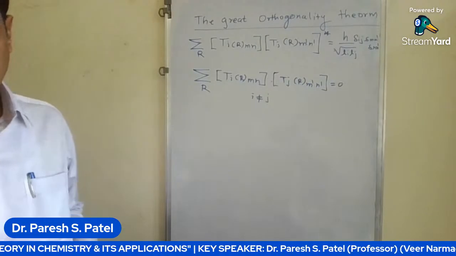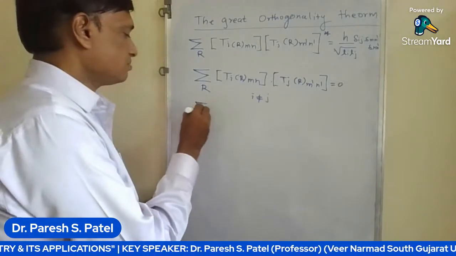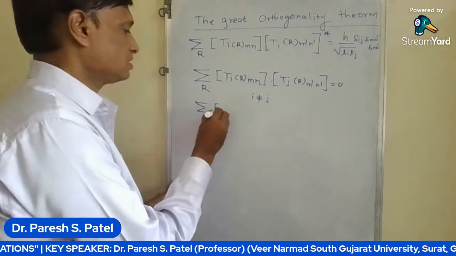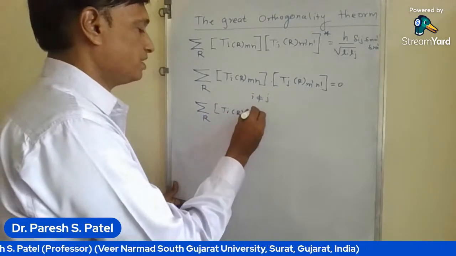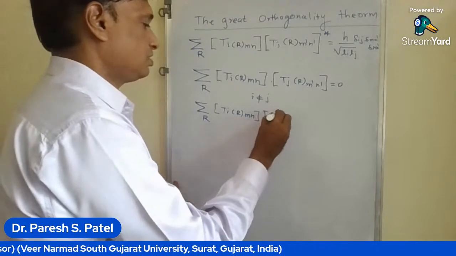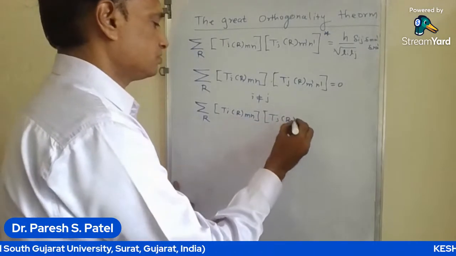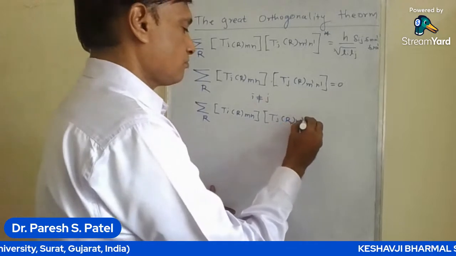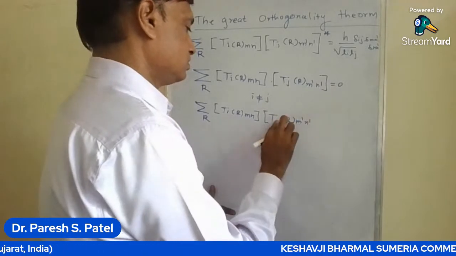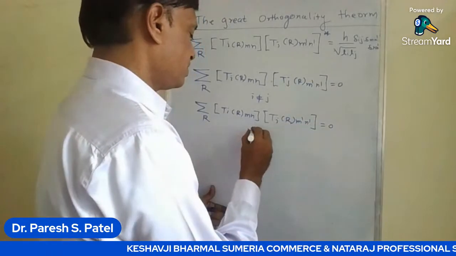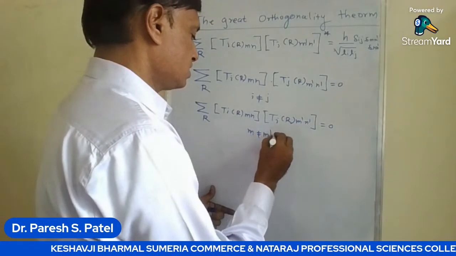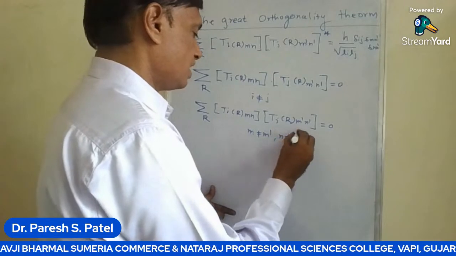Now, the second mathematical statement is the summation over R of Γi(R)mn times Γi(R)m'n' is equal to 0, where m is not equal to m', n is not equal to n'.